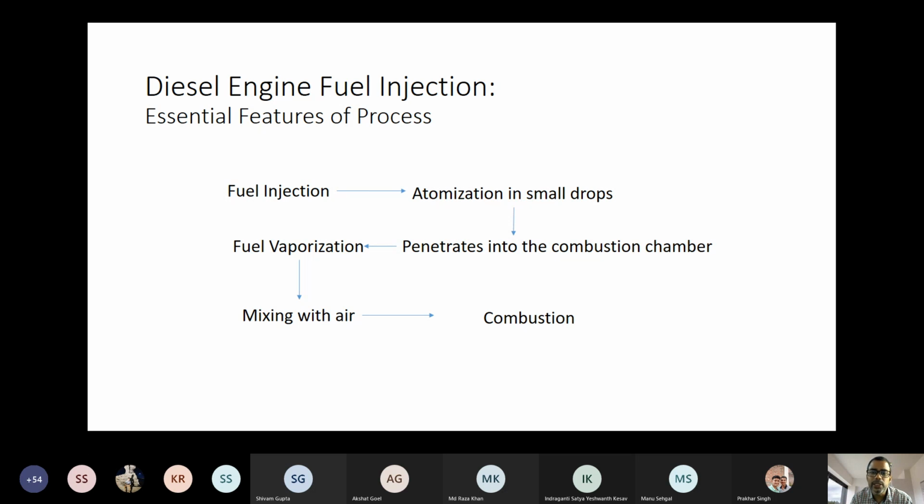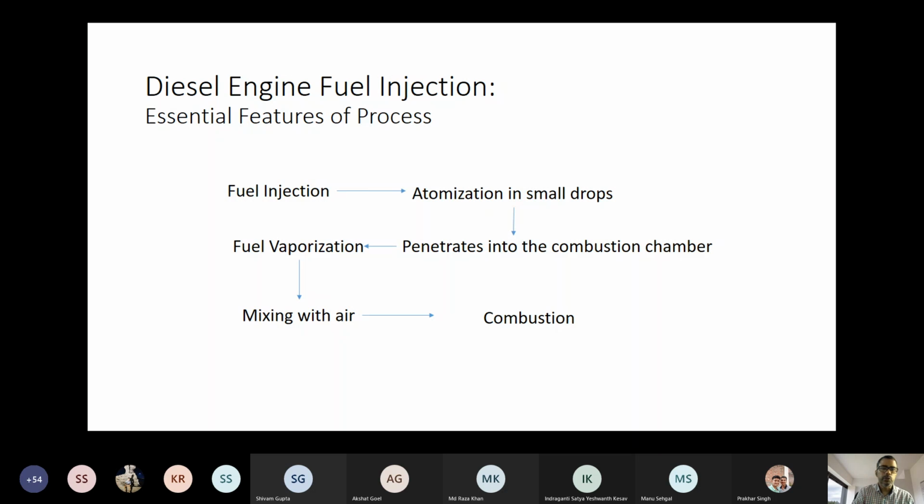What I'm trying to say here is that the fuel injection environment in the diesel engine is completely different from what we have studied in the SI engine. It is at very high pressure and high temperature also, so the fuel injection system also has to be a completely different kind of system.